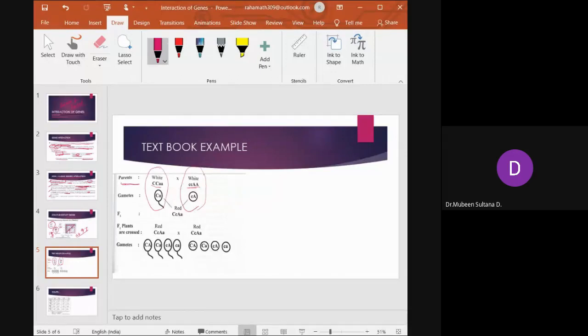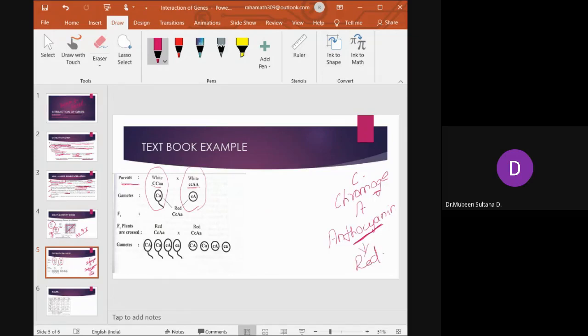Now, C is a factor called chromogen, whereas A is an enzyme called anthocyanin. If a flower has to be red in color, this chromogen has to be activated in the presence of the enzyme anthocyanin. So both the dominant genes should be present for the flower to give a red color.